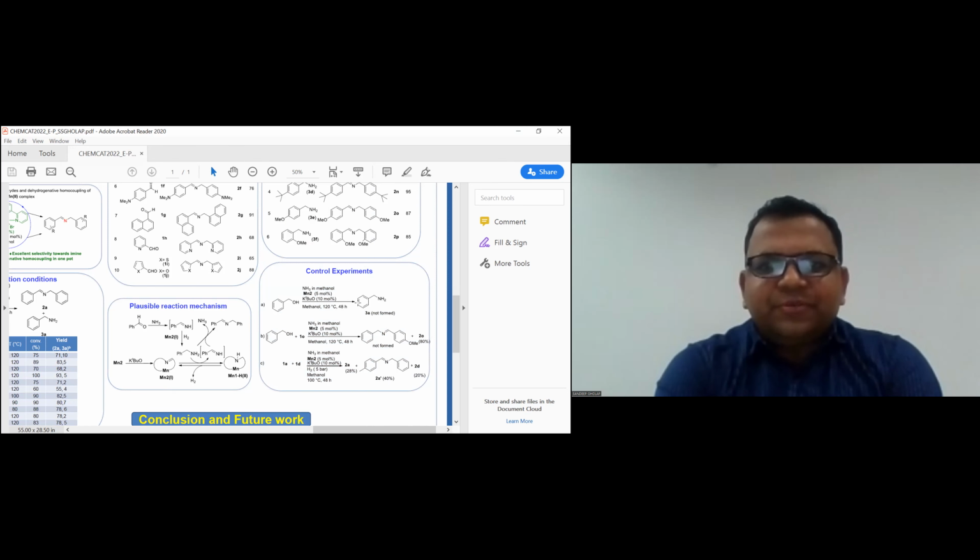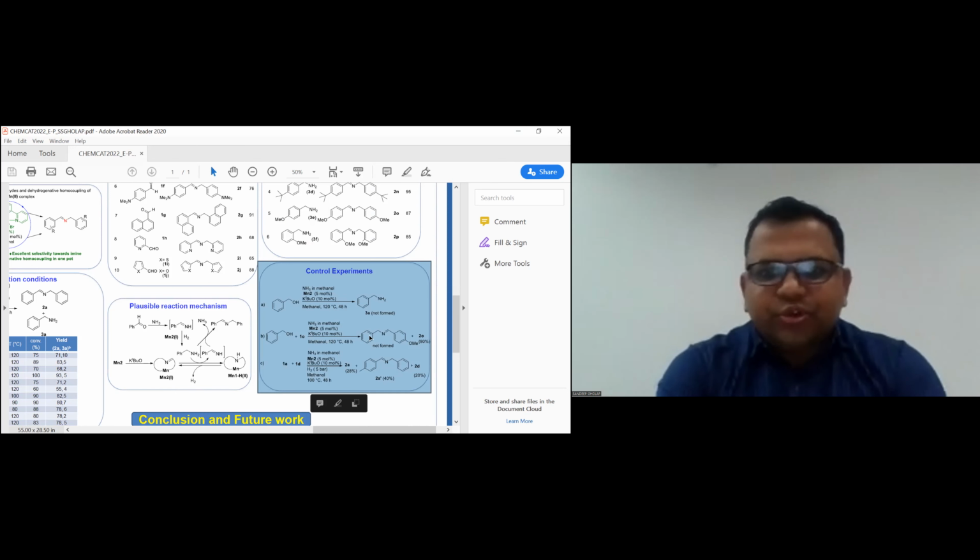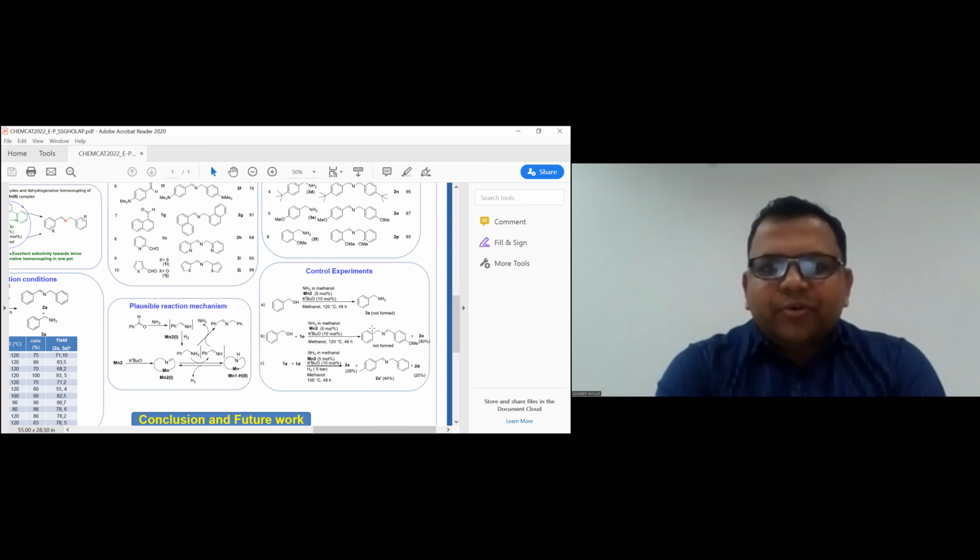But here we didn't observe any benzylamine. It means the alcohol is not an intermediate. Also we carried out cross coupling reactions using this alcohol and amine, and we found that there is no product formed. It means this alcohol could not be the intermediate.